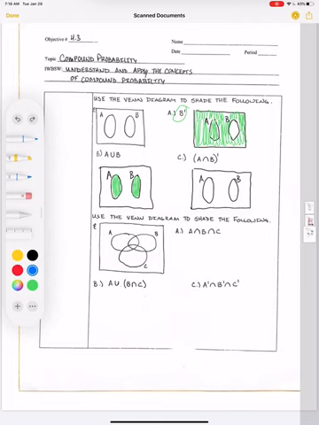They don't cross, so there's nothing to fill in. So what I would have to realize is I have something that's blank, and I'm being asked to do the opposite of that. So everything that is not blank. So we're basically going to fill this whole thing in. That would be the complement of where A intersects B.